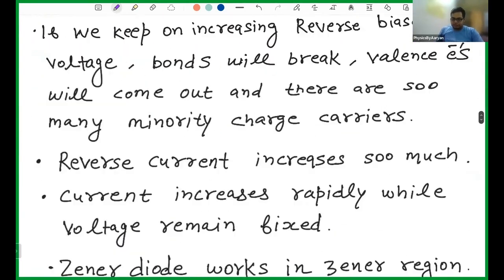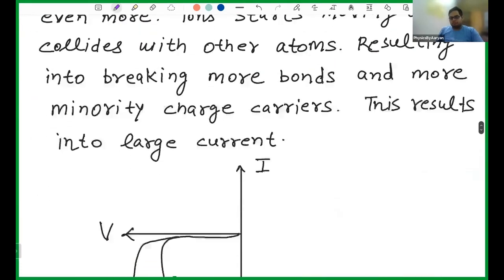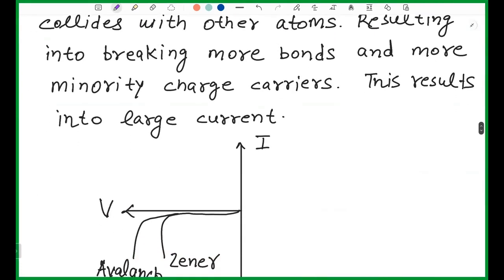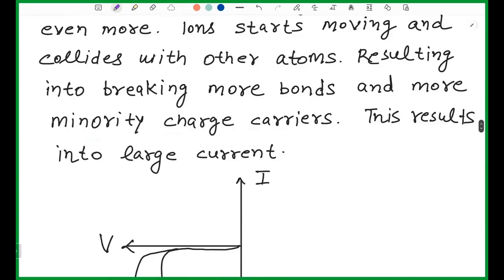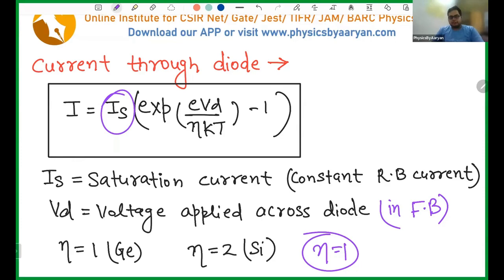I already explained Zener breakdown. One more breakdown which I want to explain is avalanche. Excuse me, sir. A doubt about the formula. Is this applicable for both forward and reverse biasing? For reverse, I already gave you the current. It is IS. Even if you increase the voltage, IS remains IS. So it is not applicable for Zener. This is up to the normal diode function. This formula is not going to the Zener side.